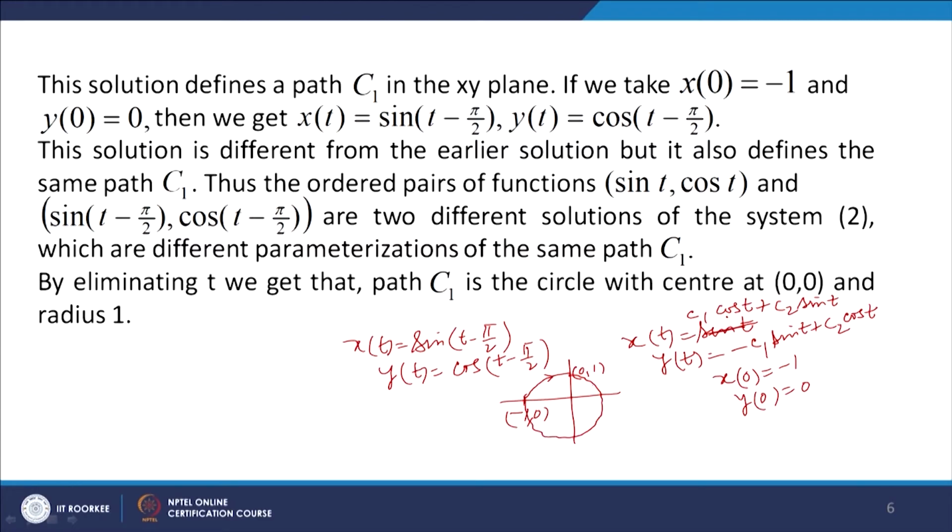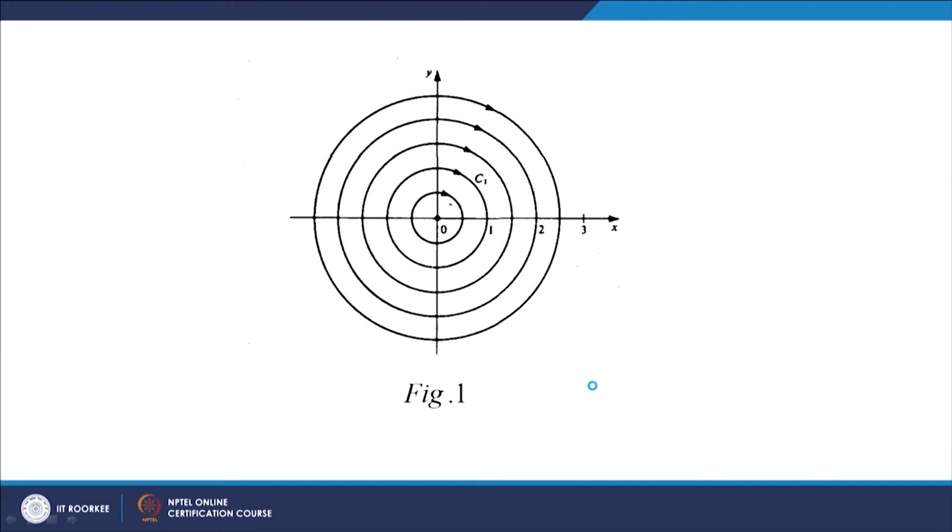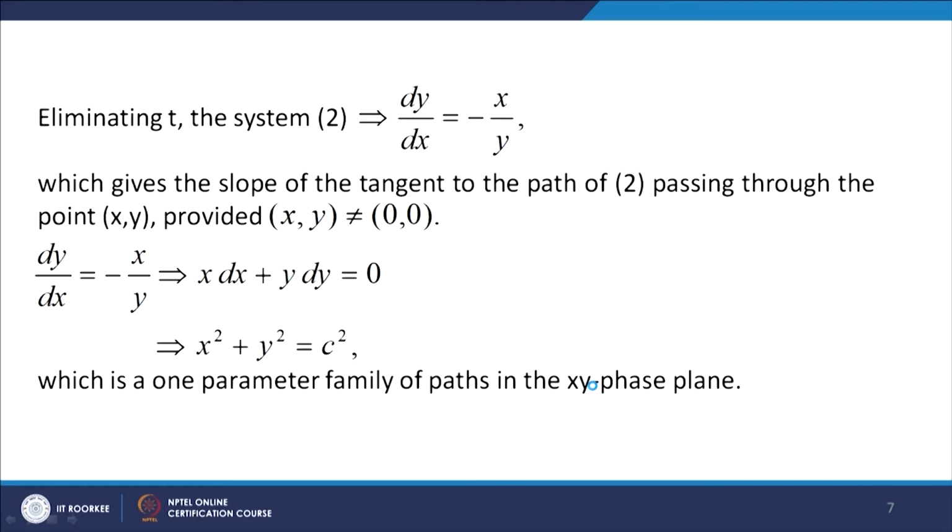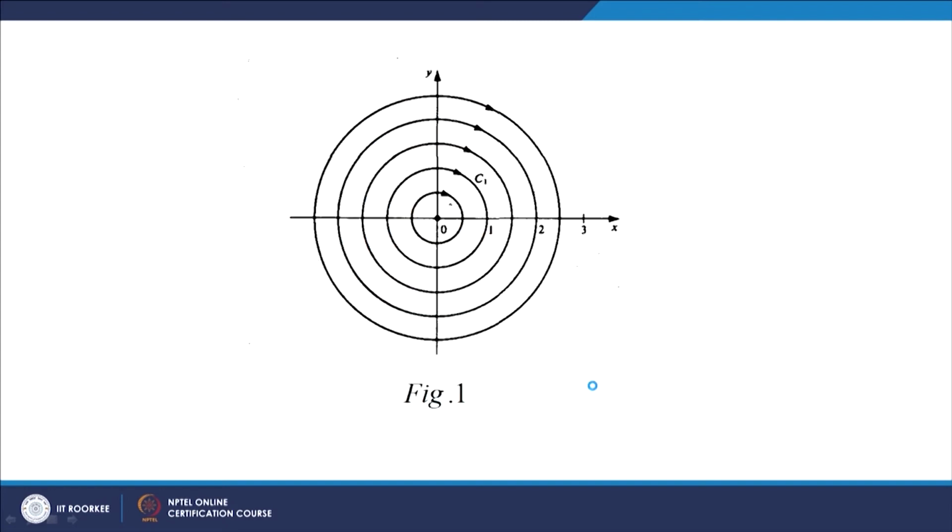So we are moving along the circle in the clockwise direction. So you can see here that x square plus y square equal to c square describes a one parameter family of circles in the xy phase plane, and the direction along the circles is clockwise.